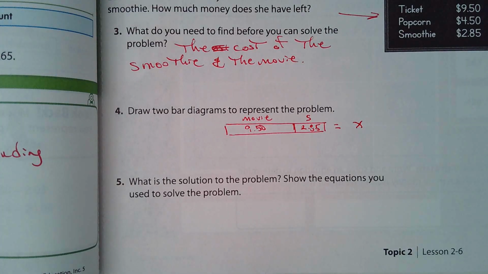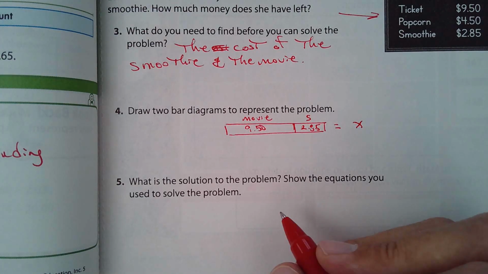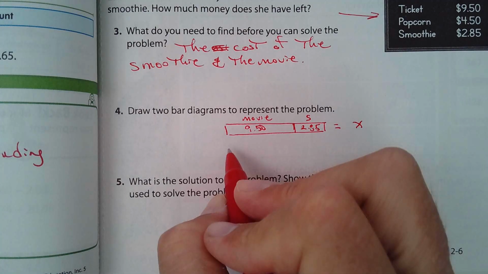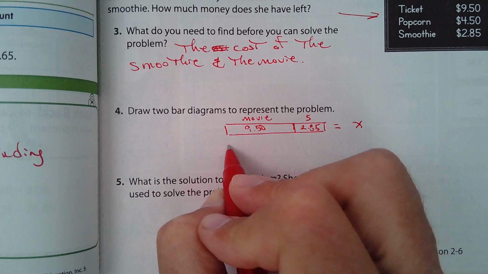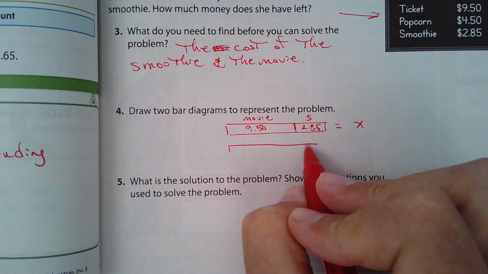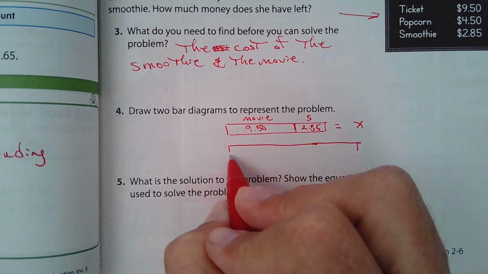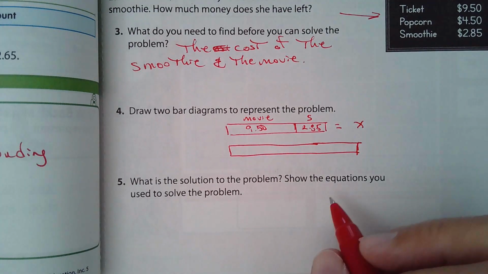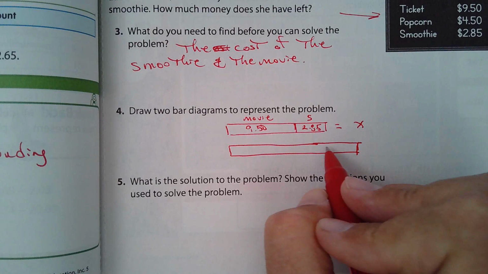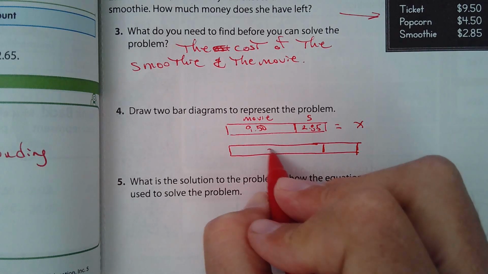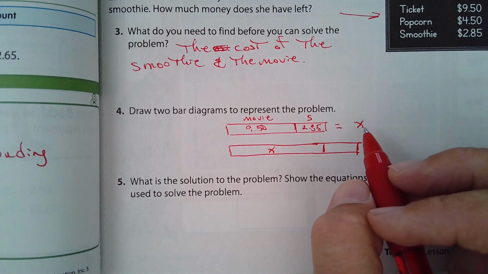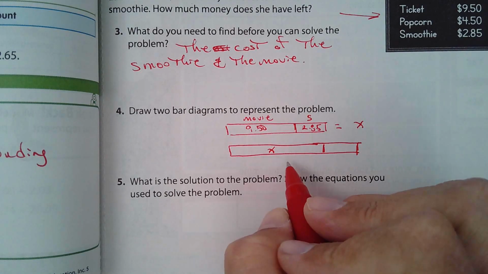And as time goes on, you'll be doing problems that use letters in place of numbers when you guys get into algebra. And so a second bar, okay, this will be X, and this is how much she has left.